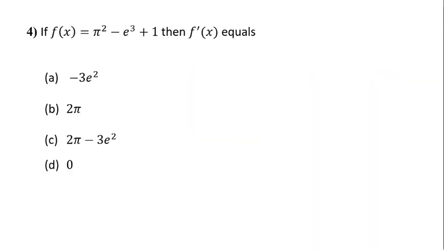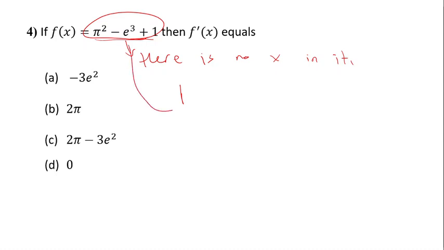Now let's look at this function here. As you see, there is no x in it. So if there is no x here, it's a constant number.